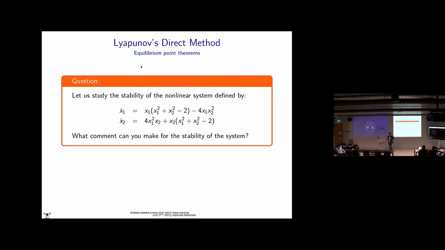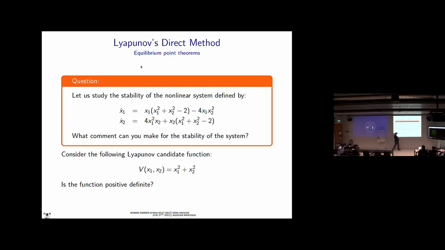But here, we can make a comment in one step actually, with Lyapunov functions. So I define a Lyapunov function, x1 squared plus x2 squared. Can I define this function as a Lyapunov function? Yes, because it's positive definite. I can do it, so it's no problem. Is the function positive definite? Yes.